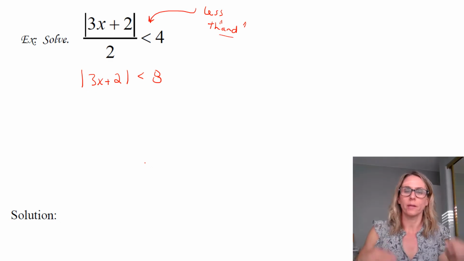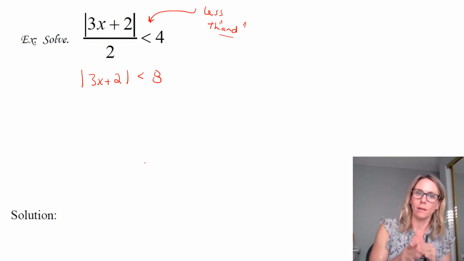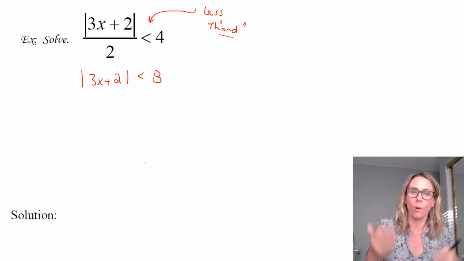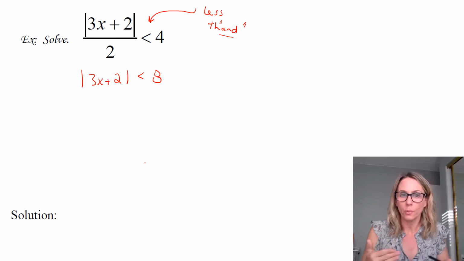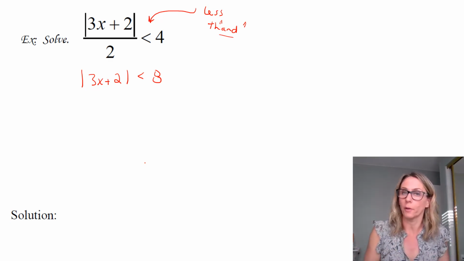Understand that as long as what is on the inside is less than 8, it's part of our solution. So for example, if I put in 1, you can see that 1 times 3 is 3, plus 2 is 5, absolute value of 5 is less than 8, we're good. However, you could also have a number inside like -4.